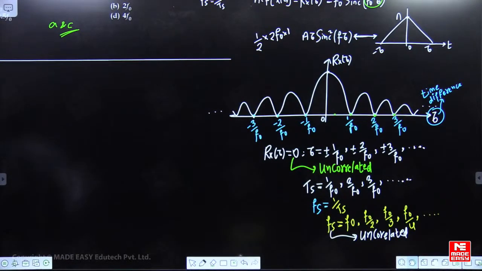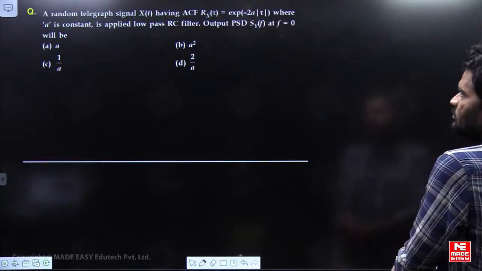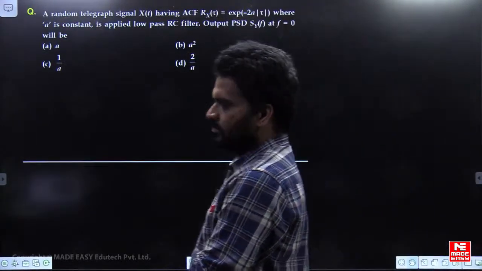Good question. If you see the next question, try this question.